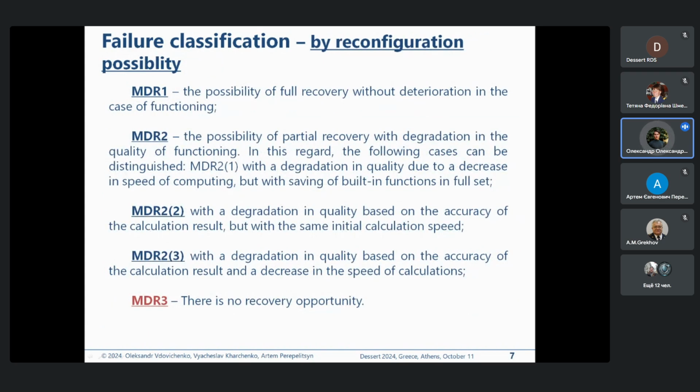Also, if we regroup defects according to their reconfigurability, we can see the same way in sides of non-fatal and fatal cases. If we merge those two groups of defects, we can highlight a group of defects that can be mitigated using a reconfiguration procedure.